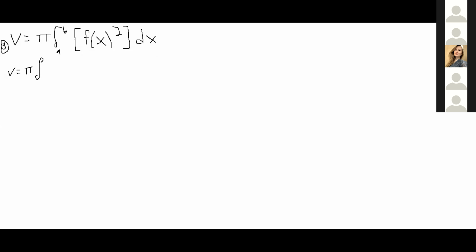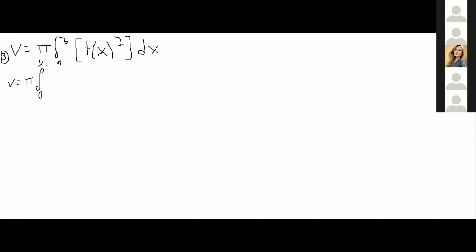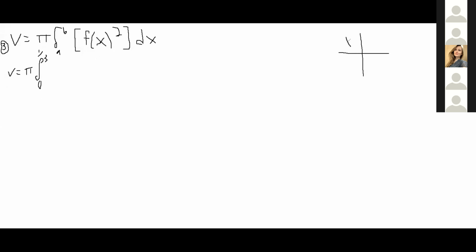So they intersect after graphing it at 0 and 1/3. And the graph. Okay, that's terrible, but it will do.